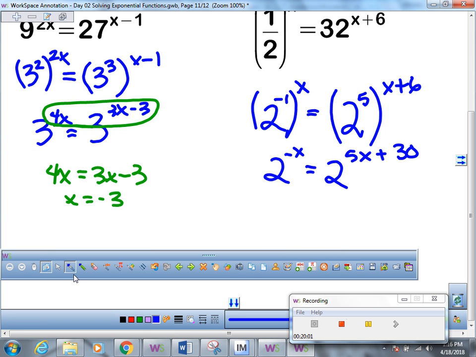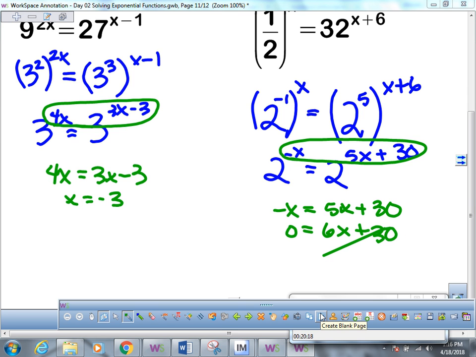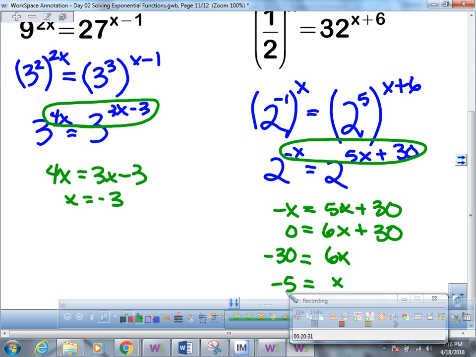So now I've got common bases, so I can compare exponents. Negative x equals 5x plus 30. 0 equals 6x plus 30. Whoops. 6x equals negative 30, so x equals negative 5.